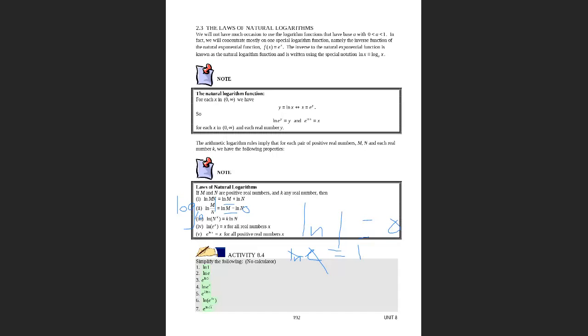When you have e exponent ln 5, the ln cancels out the e, so the answer is 5. In the same way, we have ln of e^i: the ln cancels out the e, so we have i.